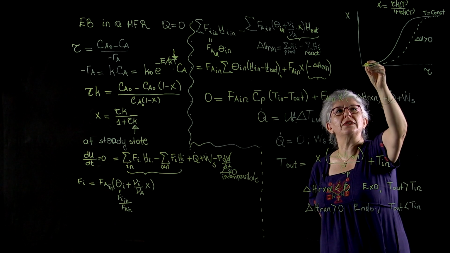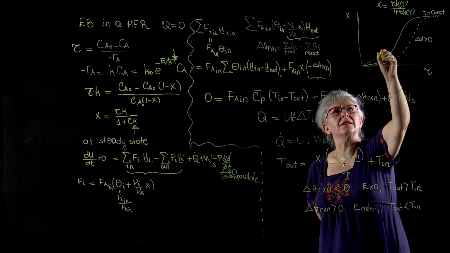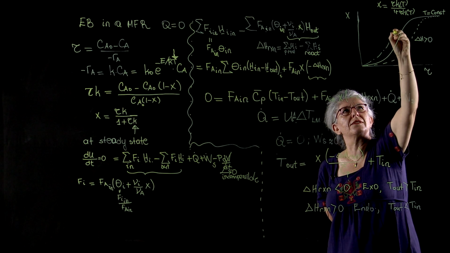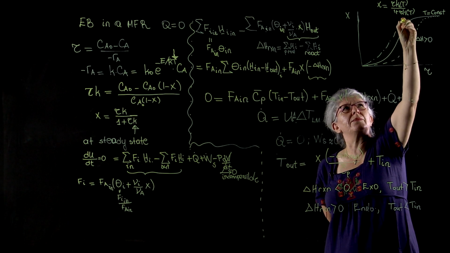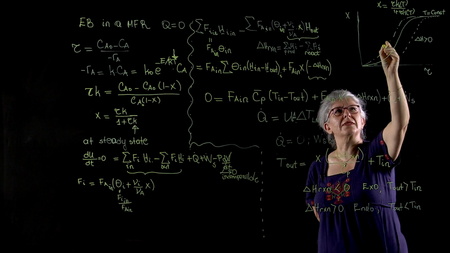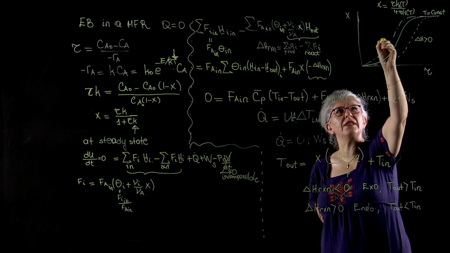For an exothermic reaction, the curve shifts to the left, as indicated by the dot-dash lines. This is for an exothermic reaction.